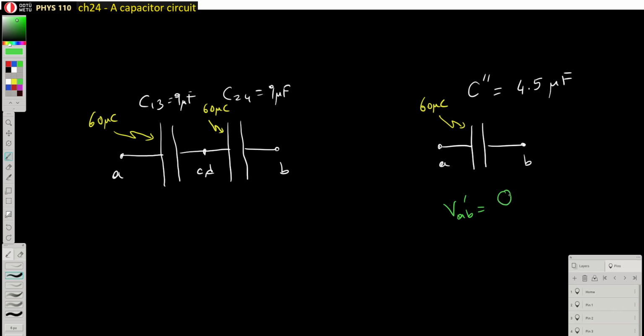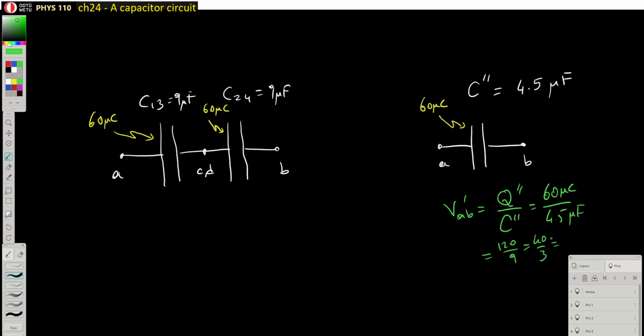It's the charge. I think I'm going to use Q double prime as a symbol. So that's 60 microcoulombs divided by the equivalent capacitance, 4.5 microfarads. I think I need to do this calculation here, so I'm going to multiply both sides. Sorry about this. And then I need to divide by 3.